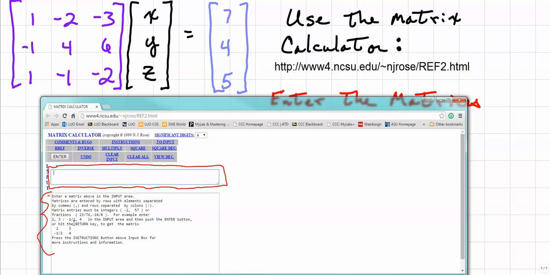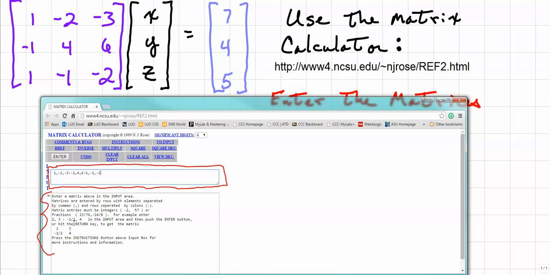Each entry in each row will be separated by commas, and then we'll separate the rows with colons. So the first entry will be 1, -2, -3. Then I'm going to put in a colon to separate the rows, and I will have -1, 4, 6. And then I will use another colon to separate the rows and have 1, -1, -2.